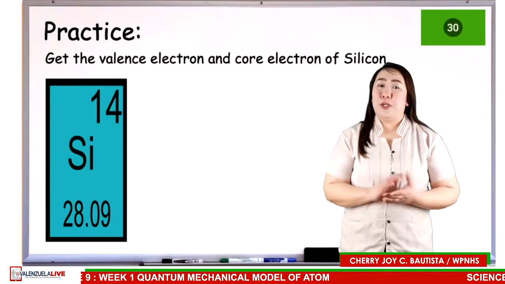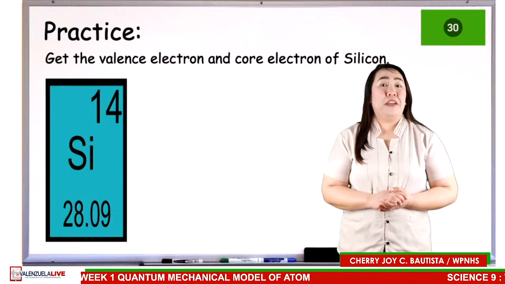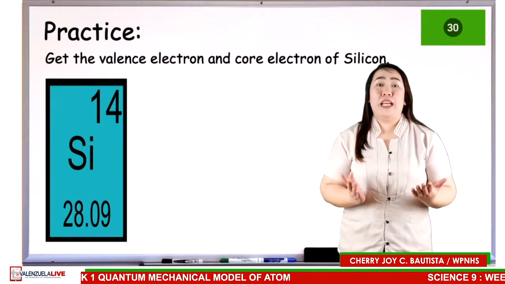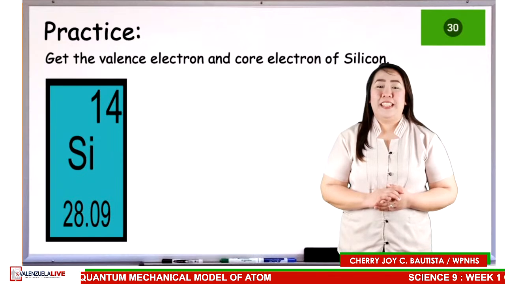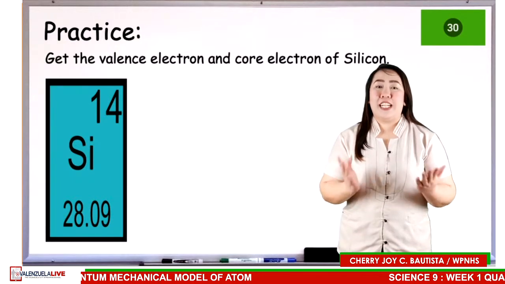Now, it's your turn. Find the valence electron and core electron of silicon. Your 30 seconds starts now.